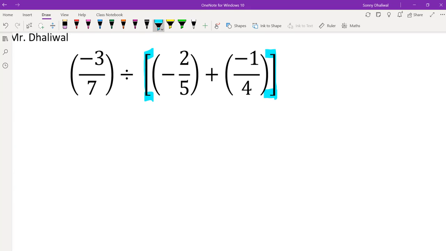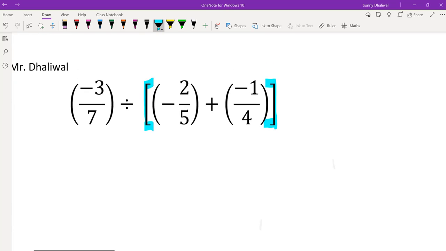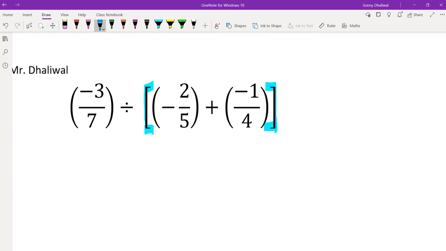So, Harinder, when we combine these together, can I just add the tops together? No. What do we need to do first? You need to see what goes into 5 and 4. Yeah, so common denominator, what would that be? 20. 4 times 5 and 5 times 4. So we need to multiply this one by 4. We need to multiply this one by 5. Let's write these out. So multiply the top one by 4 gives us negative 8 over 20.